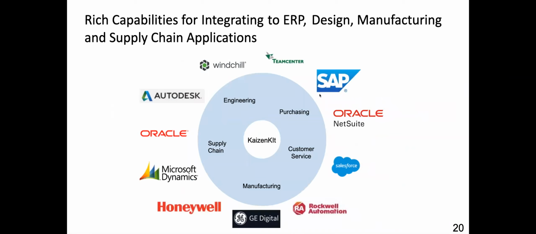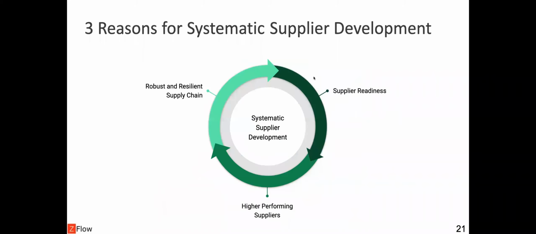One of the things that is critical for all of this to be effective is that we need to be able to work with a lot of different systems that come into play when you're working with supply chains. Primarily, I would say ERP systems and design systems. So we have a way to connect all of that directly to the source systems to get data, as well as put data back into those systems.